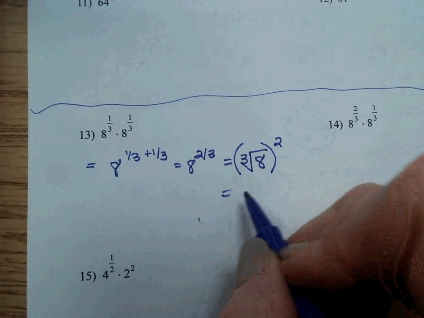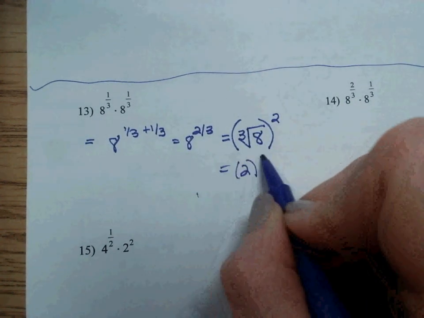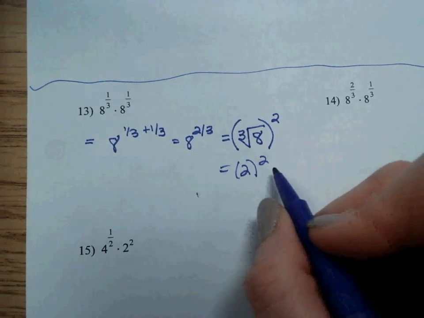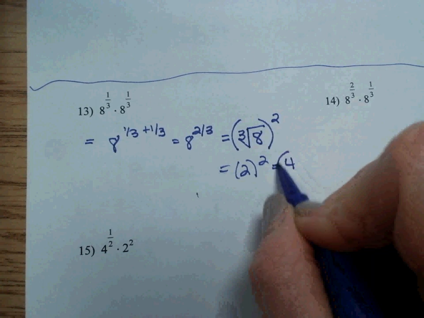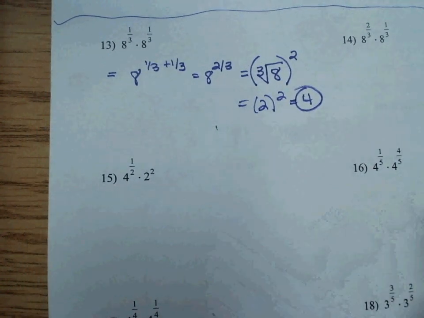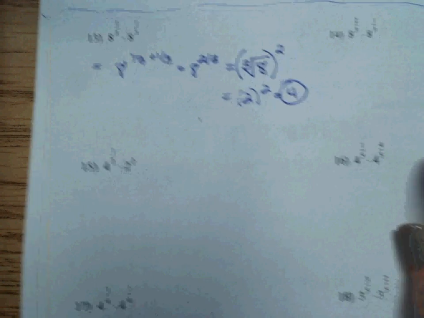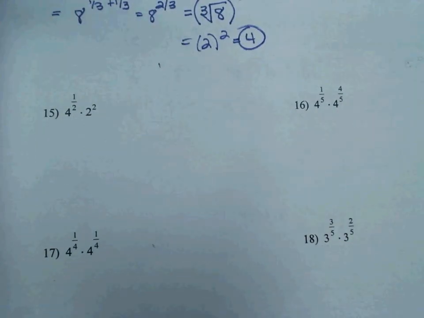We did this in the notes, so we know the cube root of 8 is 2. We actually did the same problem. So 2 squared is 4. You'll practice doing these types of problems through 18, and that's it.